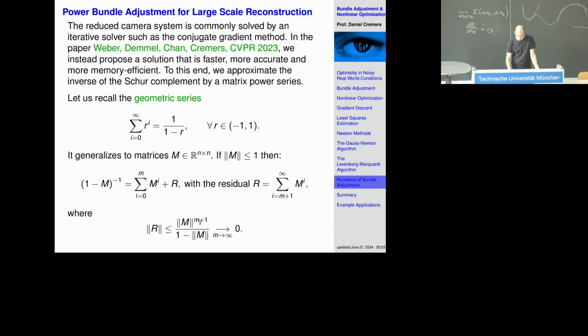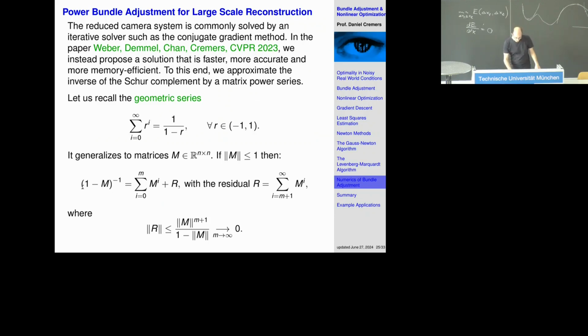And the property is that this residual goes to 0 if you take m going to infinity, which means if you take the sum to infinity, you get equality here. This residual disappears with larger values of little m. So basically little m is the truncation. You take a sum of powers and you truncate somewhere.